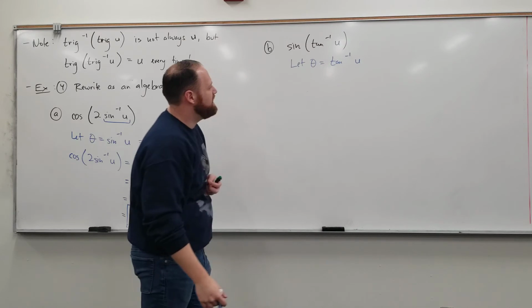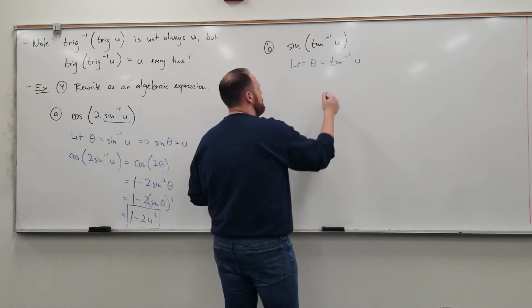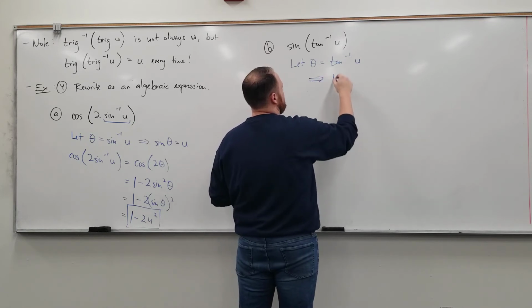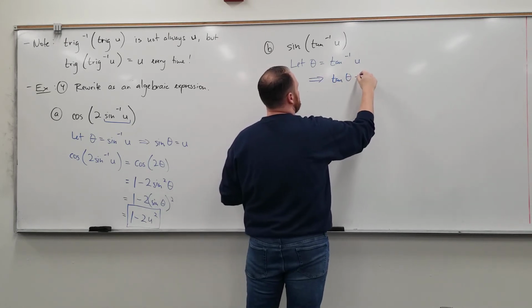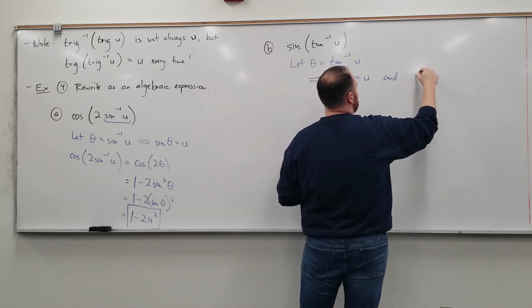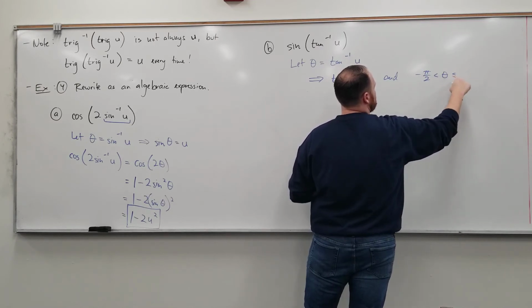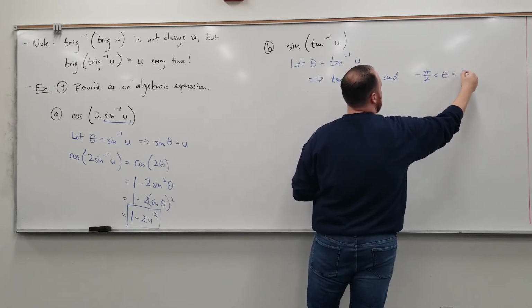I'm going to say let theta equal tangent inverse u. Then that means that tangent theta equals u, and that theta is between negative pi over 2 and positive pi over 2.